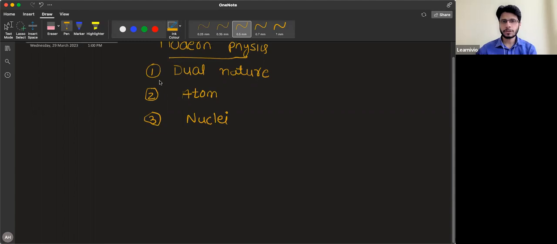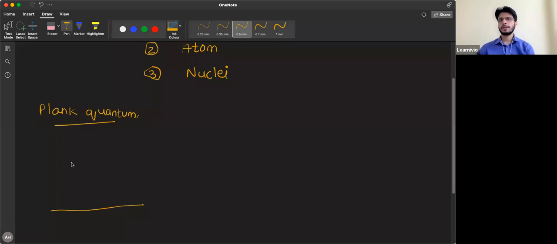Before starting dual nature, there are a few general concepts of photon theory that one should know. The first is Planck quantum theory. Planck quantum theory basically says if you have a source of light, then the radiation coming from that source is not continuous.